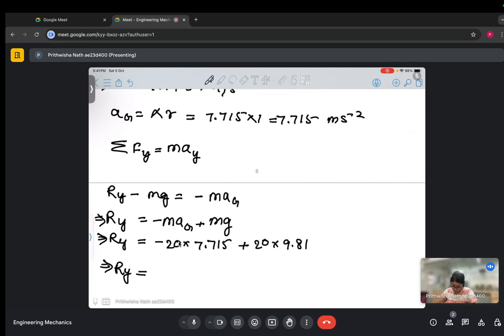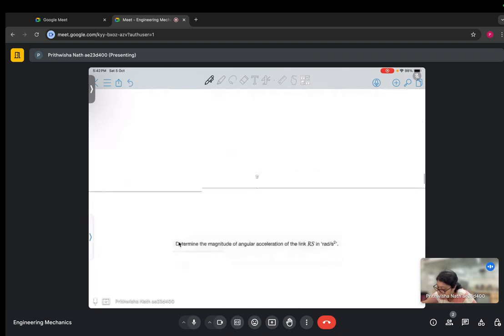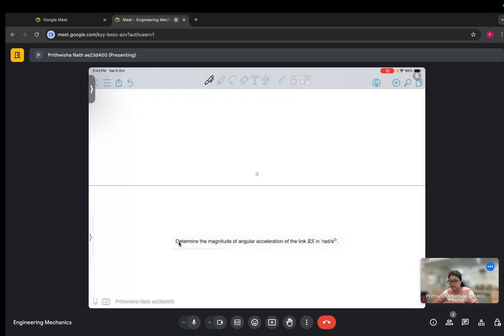So this comes out to be 41.90 Newton. So this is Ry. Now the next part of the problem, determine the magnitude of angular acceleration. So this we already calculated.